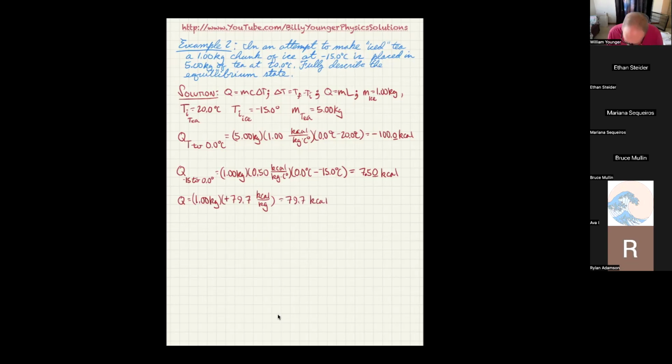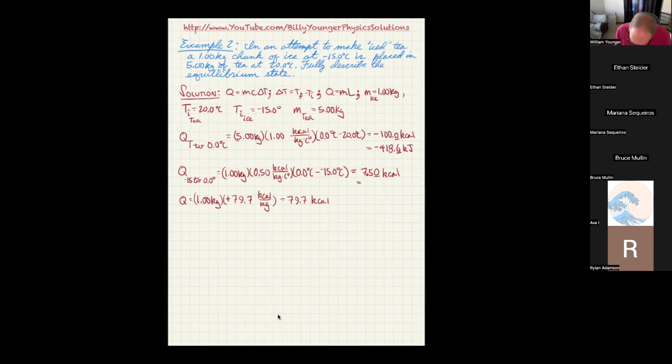Now, I can also interpret these in terms of kilojoules by multiplying by 4.186. So 100 times 4.186 would be -418.6 kilojoules. And I only had 3 sig figs, so I'm going to underline that. 7.5 times 4.186 gives me 31.39.